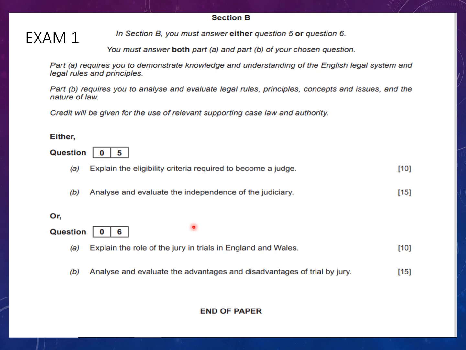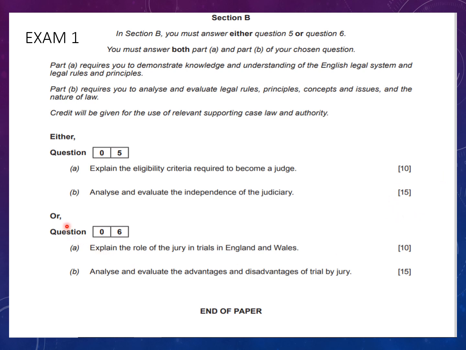So in this particular example, question 5 is about judges and the judiciary, and question 6 is about the jury. And what you'll notice about the parts of each question is that the first one is an explain type question worth 10 marks, but the second part is an analyse type question, which is worth more at 15 marks.